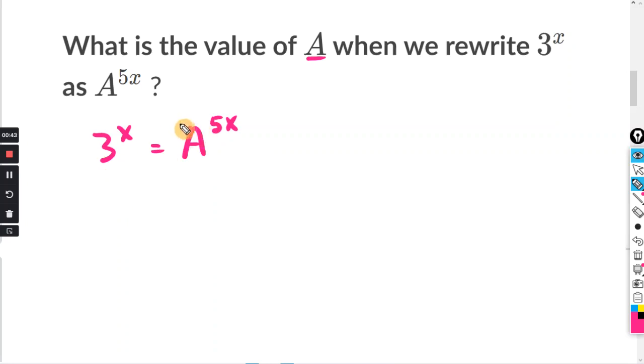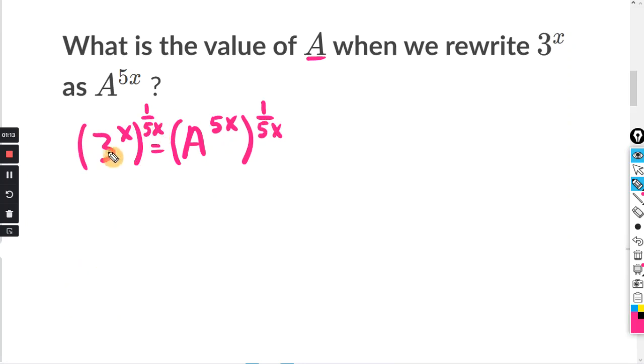If we're solving for a, we take a to the 5x and raise that whole thing to the power of 1 over 5x. The 5x over 5x is going to cancel. So we want to do the same thing to the 3 to the x, raise it to the power of 1 over 5x.